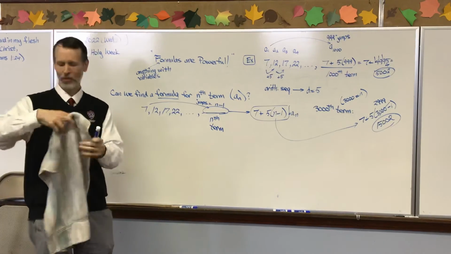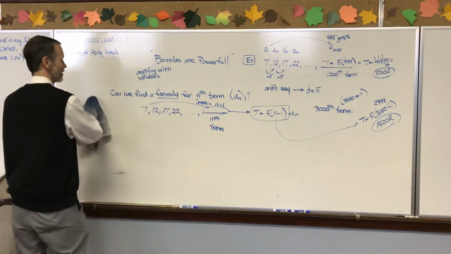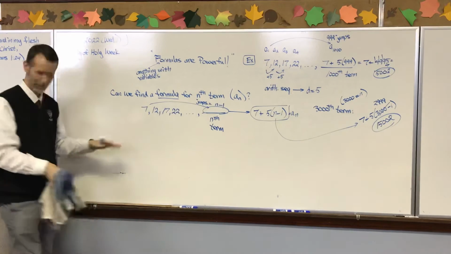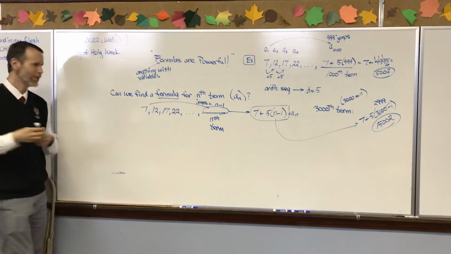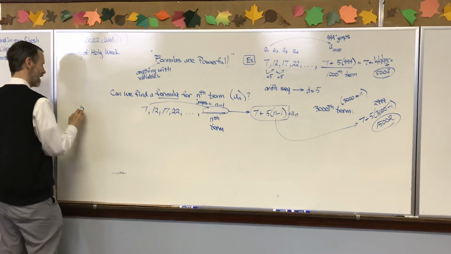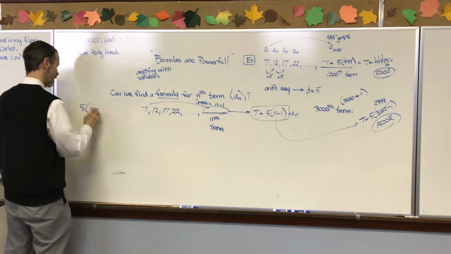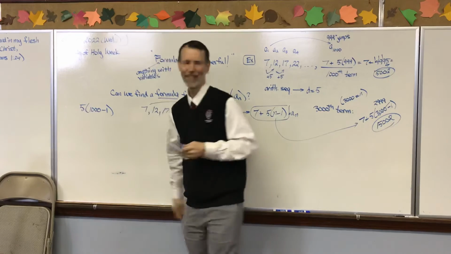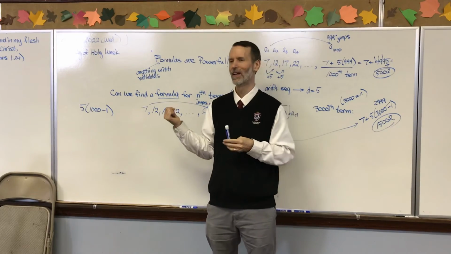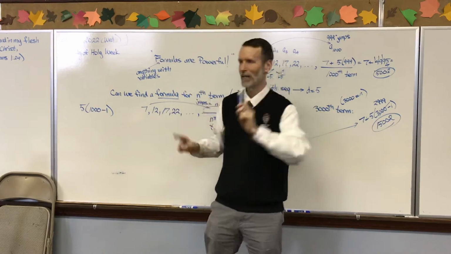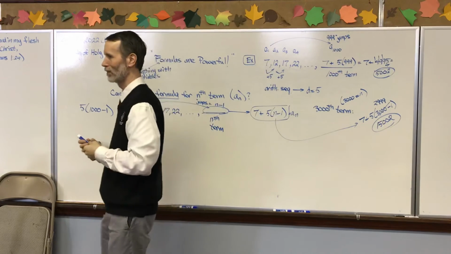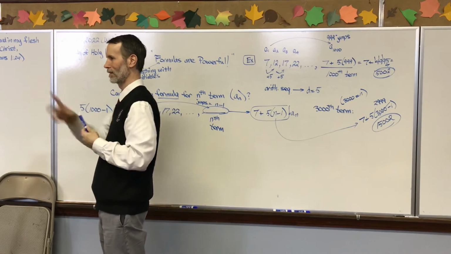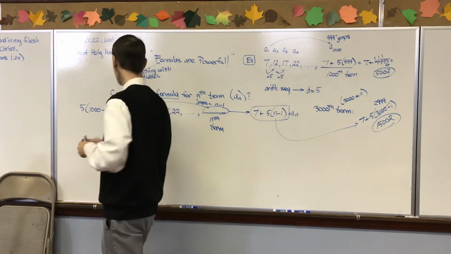But I want to give you a quick mental math trick. Does anybody know a quick way to do 5 times 1,000 minus 1? I don't know if you noticed, but 5 times 999 is kind of an annoying thing to do in your head. You're carrying, blah, blah, blah. Distribute.